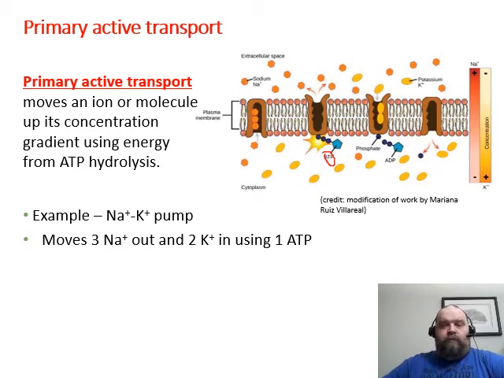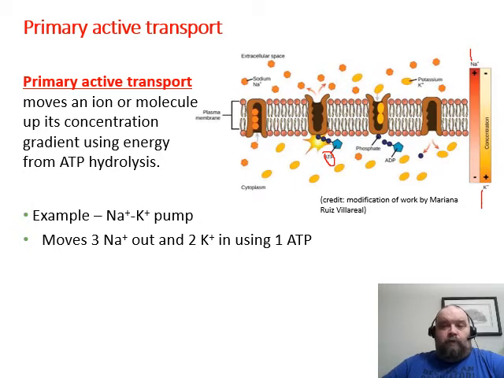The active transporter known as the sodium-potassium pump is the gold standard. We know everything there is to know about this. We've studied it. We know what genes are required to make and maintain the pump. We know under what conditions it's functioning. Basically, it's pumping sodium and it's pumping potassium.